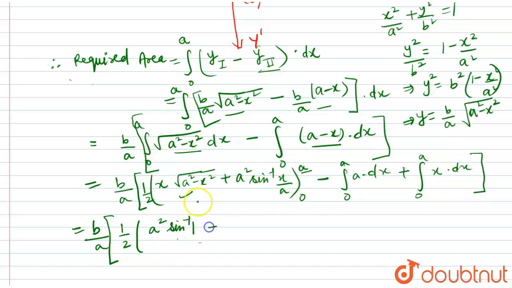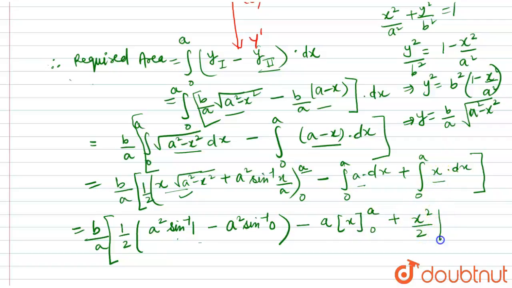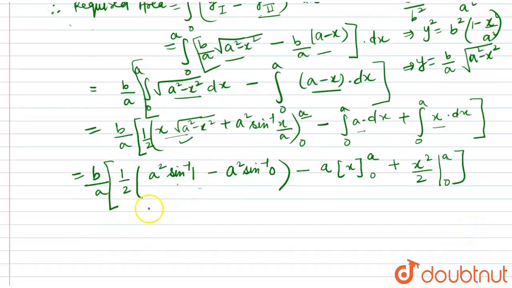Then you put 0 here, so that will become 0, and that would become a square sine inverse of 0. Then what we will write next, a would come outside, and the integral of 1 dx is just x from 0 to a, and then the integral of x is x square upon 2 going from 0 to a limit.